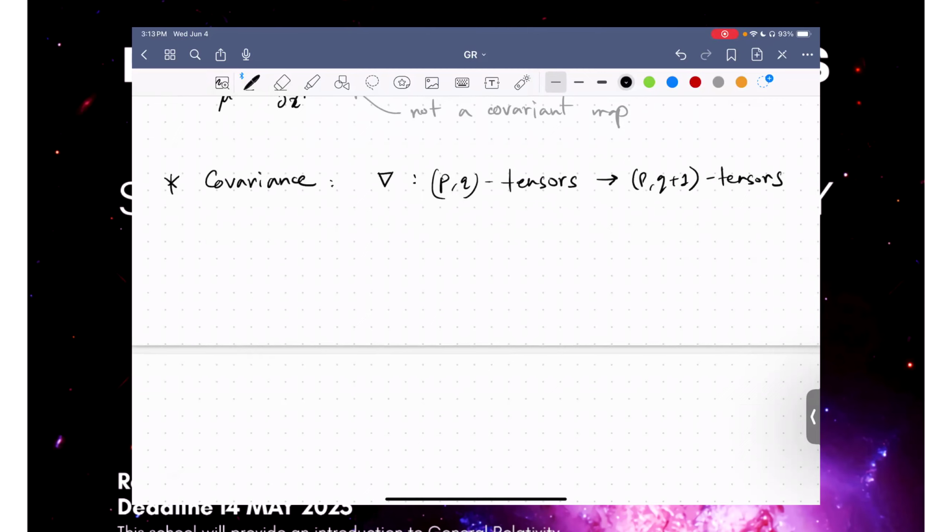And then in order for this operator to be a legitimate derivative, it has to satisfy certain properties. For example, linearity, which simply means that if you have a sum of tensors, you can distribute.